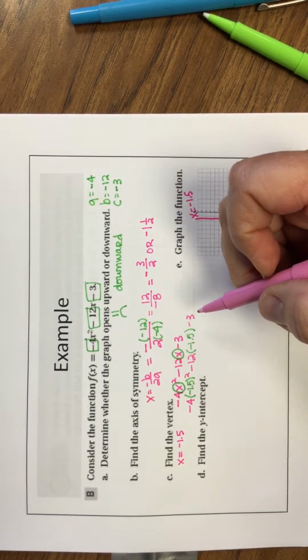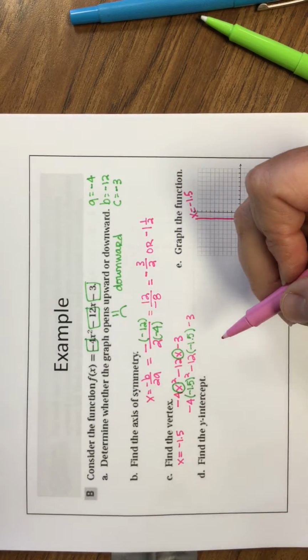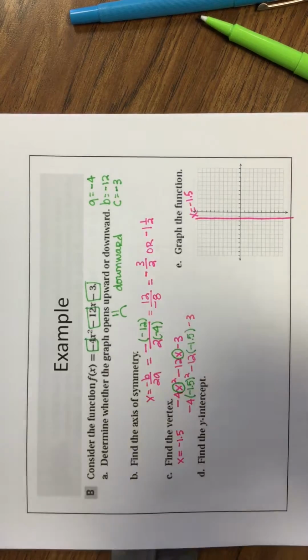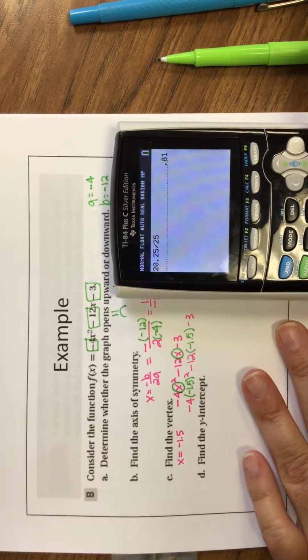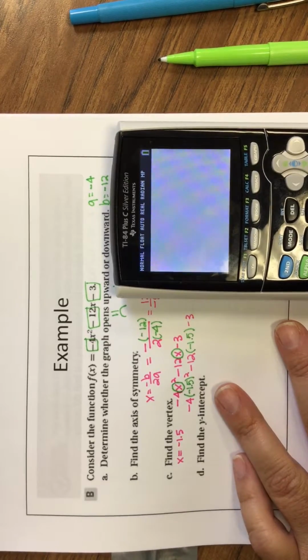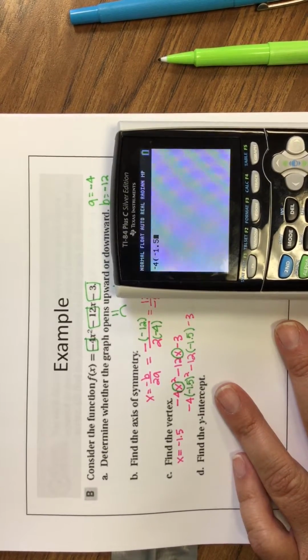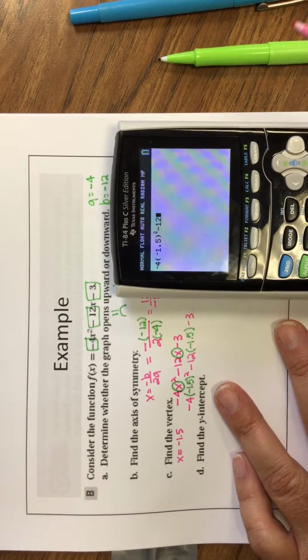Okay, so this one looks a little bit harder than the one that we did earlier. So doing this one in our heads is probably not going to be an option. So we're going to go ahead and put this in the calculator. -4, we have parentheses, -1.5, close them, and we're going to square it. Minus 12, oh, parentheses again, -1.5, close them, minus 3.